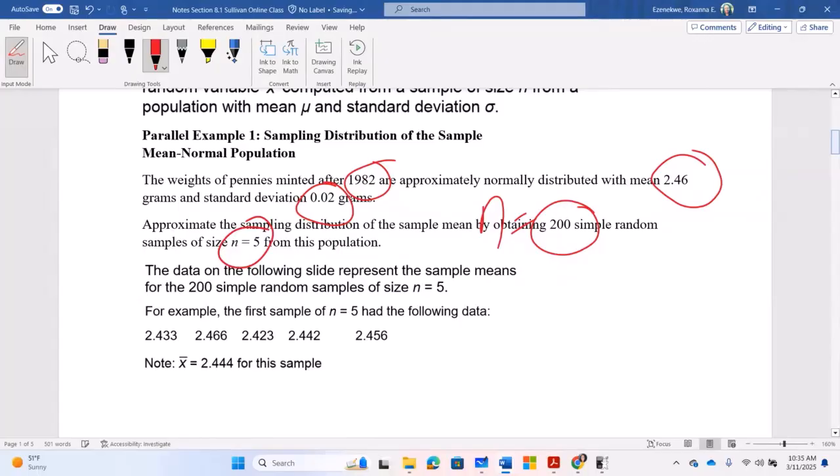The data on the following slide represents sample means from 200 simple random samples. So they took a small sample from the big sample. For example, the first sample has the following values and has a mean.